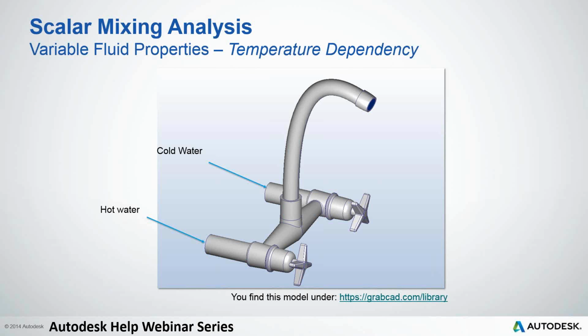Now we're going to walk through some settings and results of very simple models that we ran. For example, I chose this old-fashioned water tap to simulate the mixing of hot and cold water, not using scalar, but to show how density is changing with temperature, and how we can define it in the material properties.